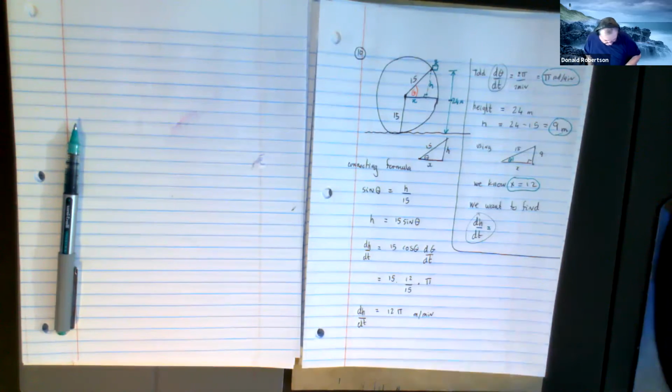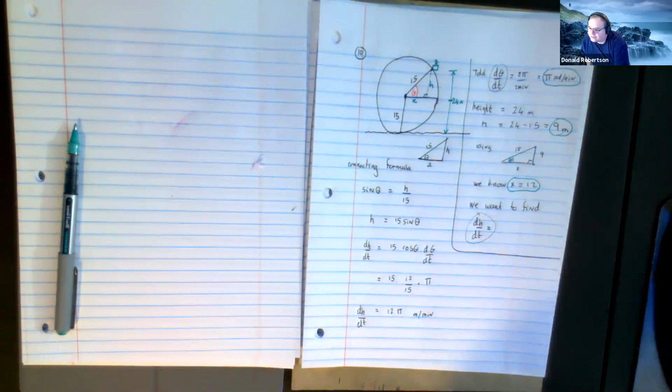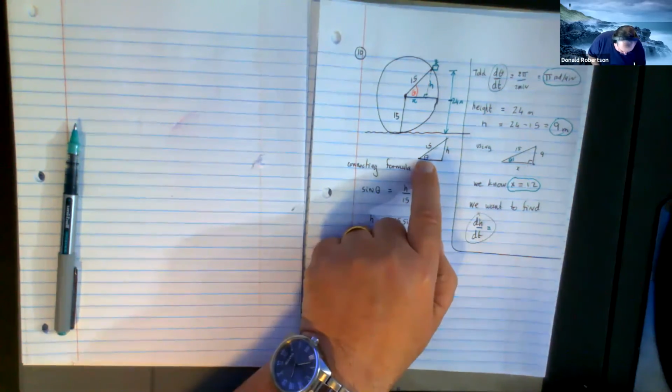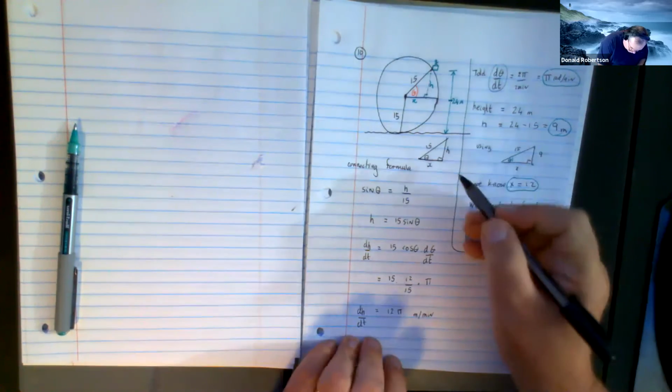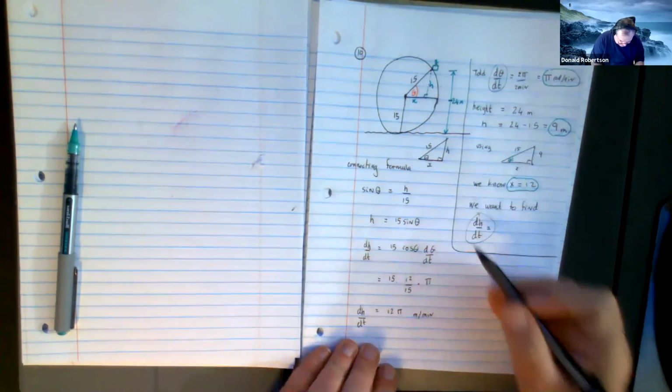So my clues, because there are lots of connecting formulas here. Can I use Pythagoras, for instance? Can I do some other kind of combination? But the one I wanted was a connection between the angle theta and the h. So when you look at this right-angled triangle, can you see SOHCAHTOA, h over 15?